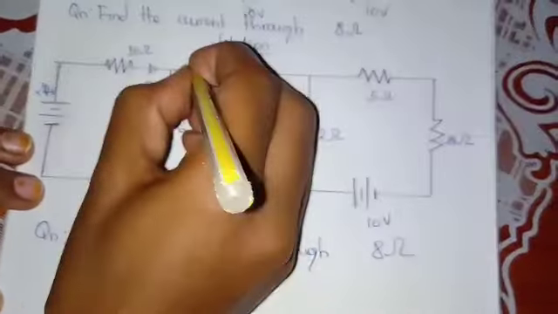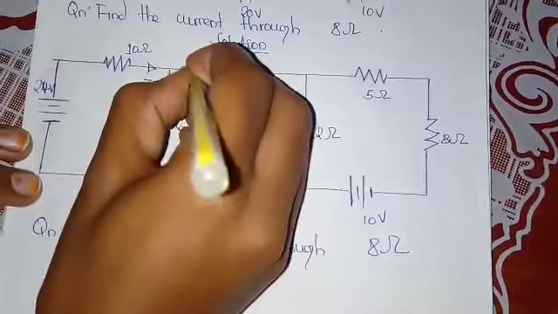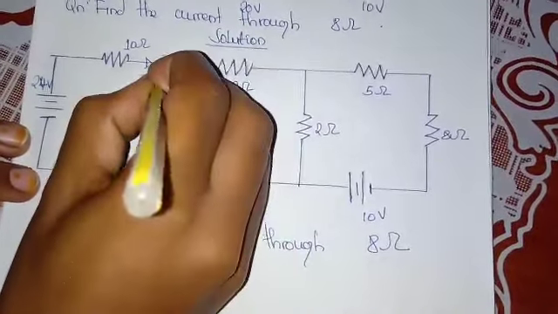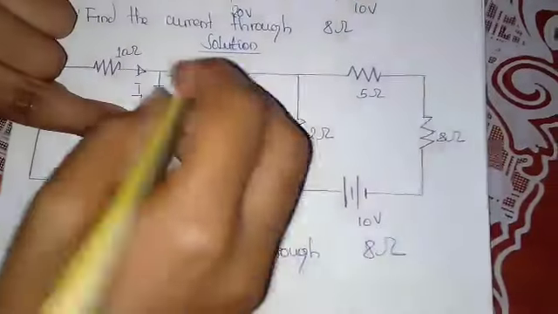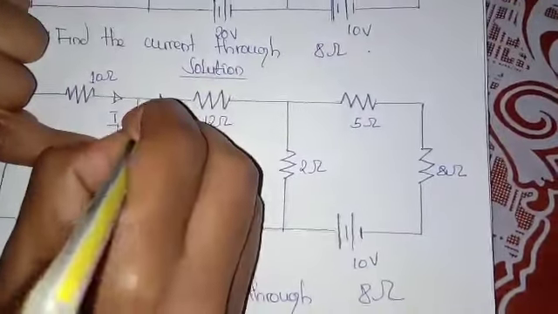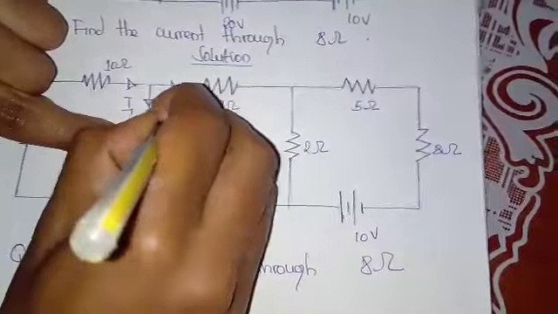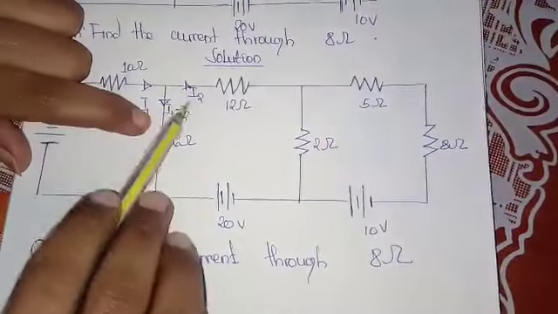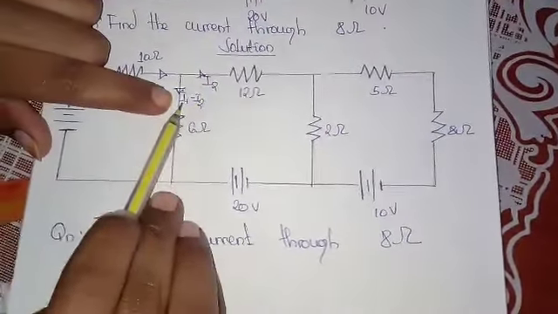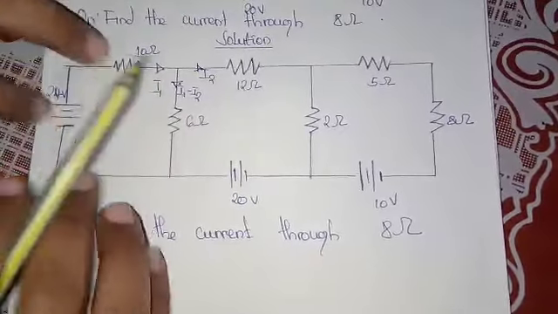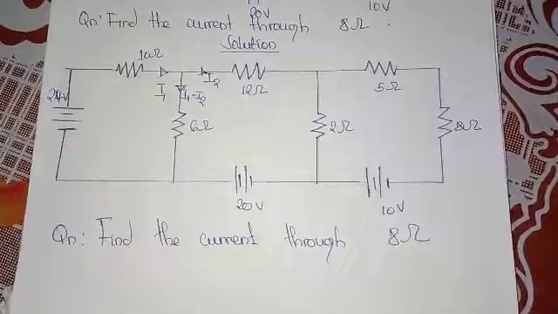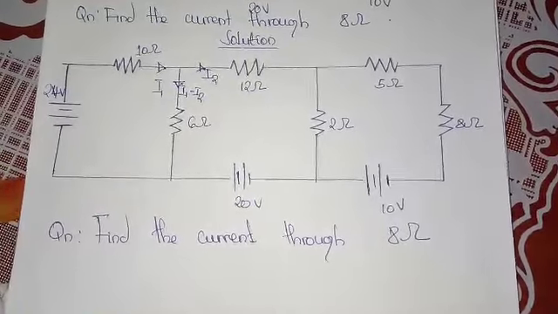This will be current 2, and the current which will flow at this side downstairs will be current 1 minus current 2. The sum of current 1 minus current 2 and current 2 will be equal to current 1. That is the application of Kirchhoff current law.